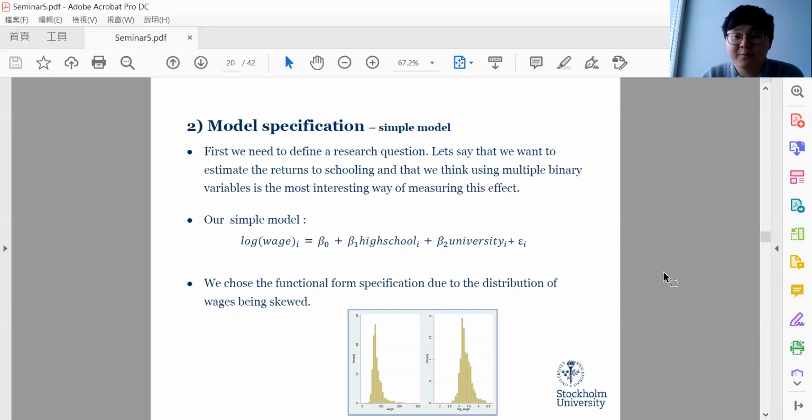For example, we put wage in log form because the distribution of wages is skewed, so we want to make it fit closer to the normal distribution. This is how you explain why you make the specification like that, and explain what your question is.